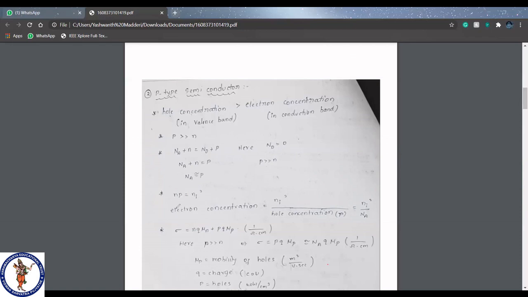We can identify the electron concentration from this equation: N equals Ni squared divided by the hole concentration, and the hole concentration is equal to Na. What I mean to say is that in the majority of cases, we will use this formula to identify the minority charge carriers. What is meant by minority charge carriers?